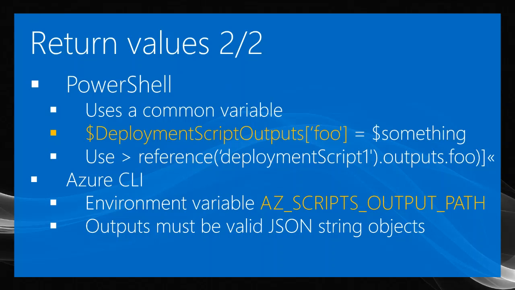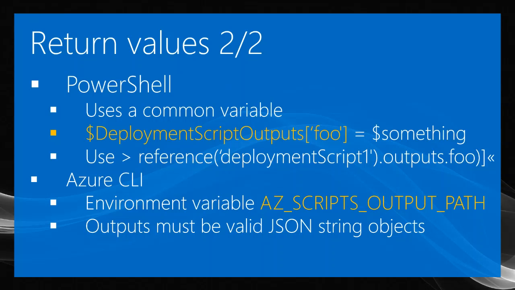So using PowerShell, you have to use this common variable, $DeploymentScriptOutputs. You give it a name, in this case it's foo, and then you just assign a value, like $something. And if you want to use it later in another resource, for instance, as an input, then you just reference your deployment script resource, reference outputs, and then reference, in this case, foo.